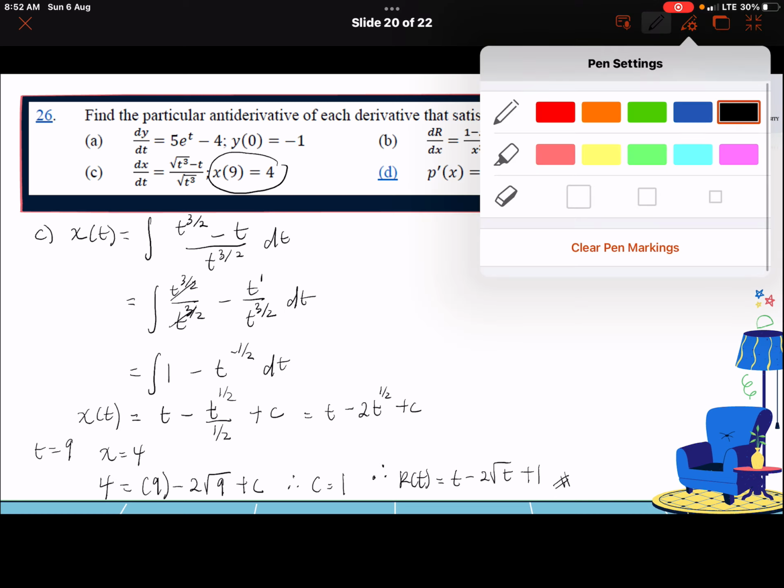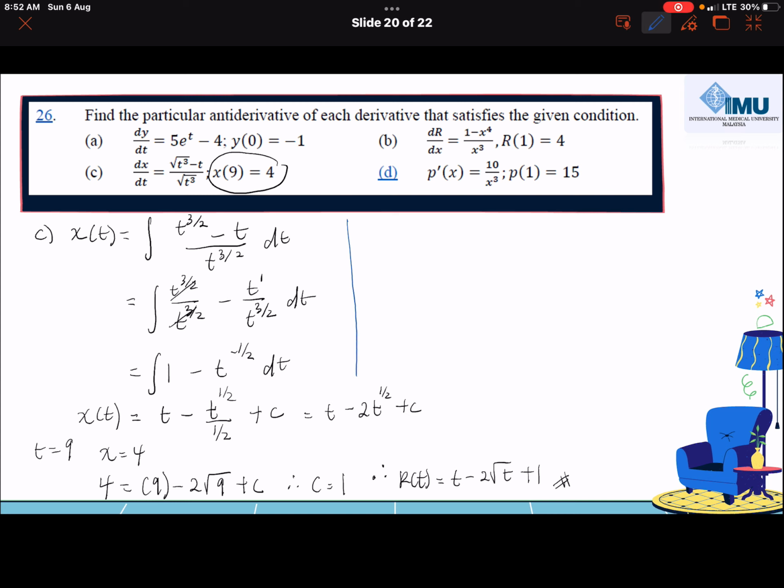Now, how to do D? A very simple process. Follow exactly the same thing. They give you the derivative of p, which is p prime. You want to find the antiderivative, meaning you integrate your derivative, 10 over x cubed dx.